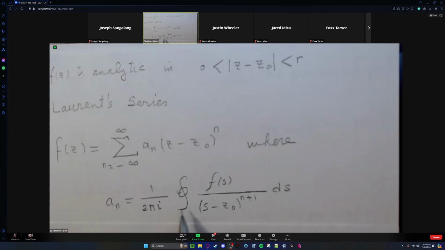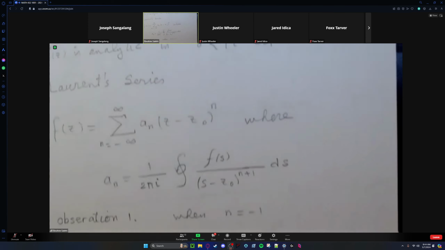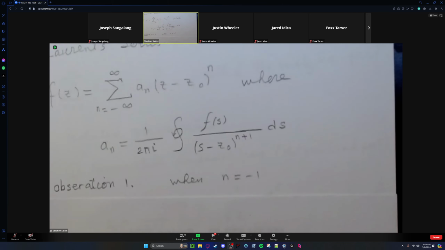So it will be just a to the index -1 is 1/2 pi i integral of f of s ds. And always that is what we are after. We want to find the integral of f of s ds over a closed curve. Okay, that observation is extremely important.